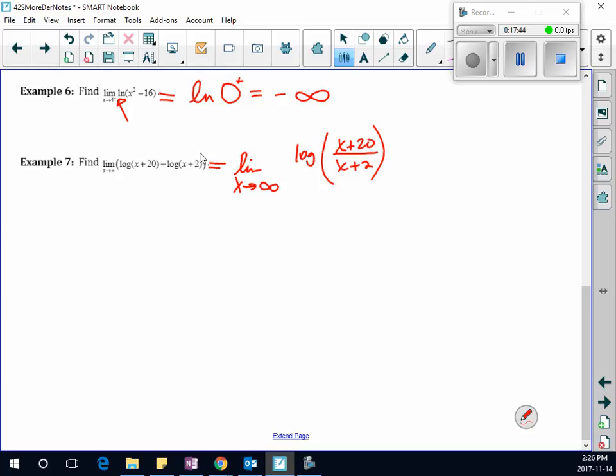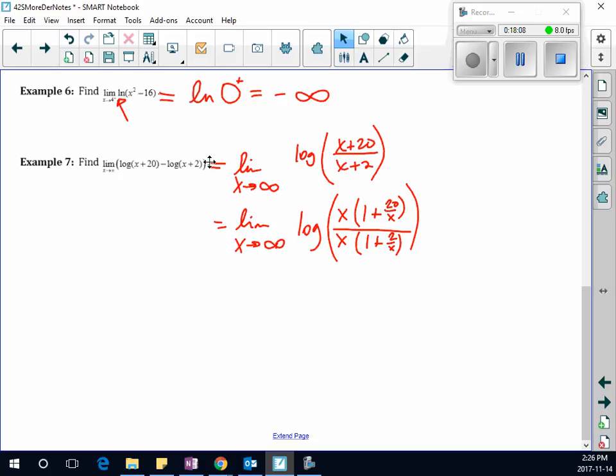We're going to pull out the x, and we're left with 1 plus 20 over x. And we're going to pull out this x, and we're left with 1 plus 2 over x. The x's will now cancel. And what happens when you plug infinity here? This goes to zero. So what is this actually equal to? This would be log of 1. And so what is that equal to? 0.